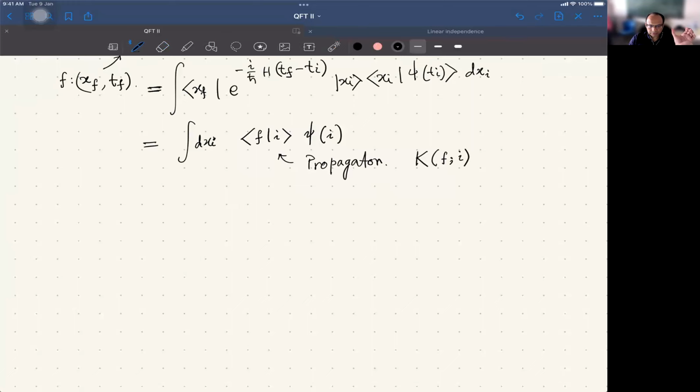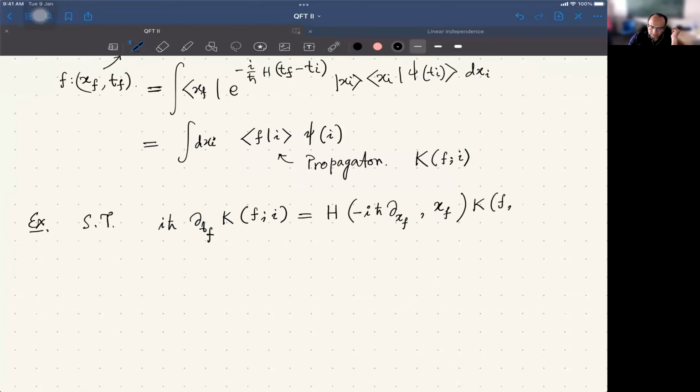These are two pairs of coordinates, basically events. The exercise is to show that i h bar del/del t_f K(f, i) is equal to the Hamiltonian with p replaced by minus i h bar del/del x_f, and x_f, acting on K(f, i).